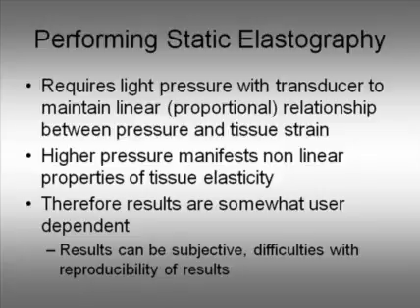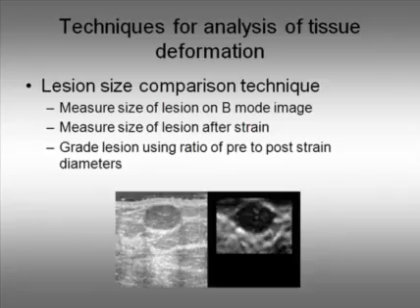And for that reason, static elastography can be subjective. The results are somewhat user-dependent, and they are difficult to reproduce from person to person and from lesion to lesion. I'm going to take a look first at the lesion size comparison technique for analyzing the degree of tissue deformation that occurs with static elastography.